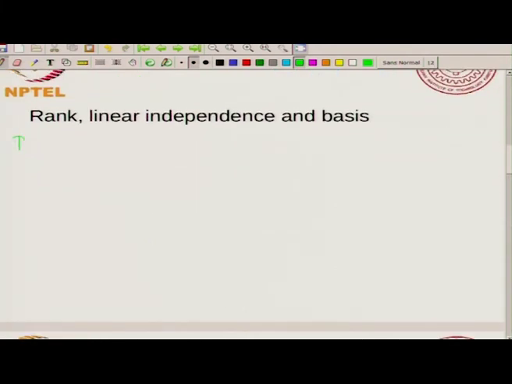So now the rank is nothing but the number of linearly independent rows or column vectors.